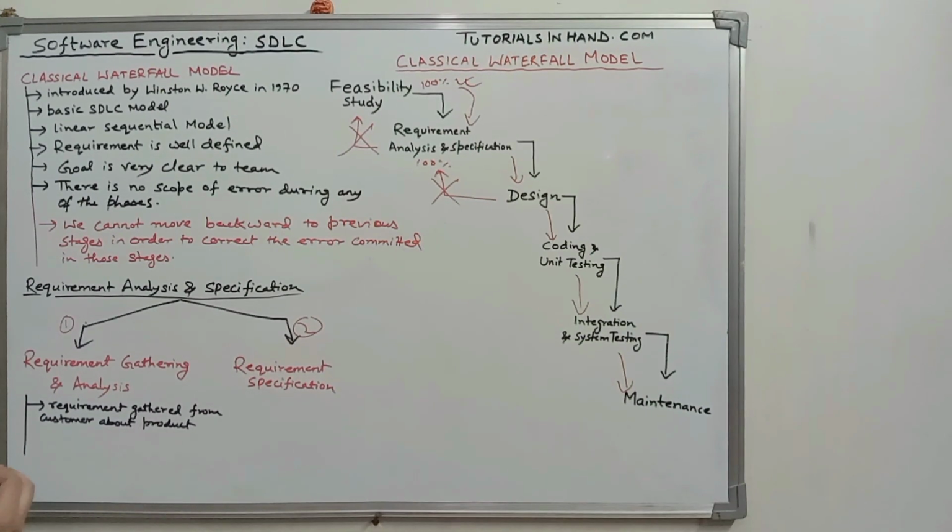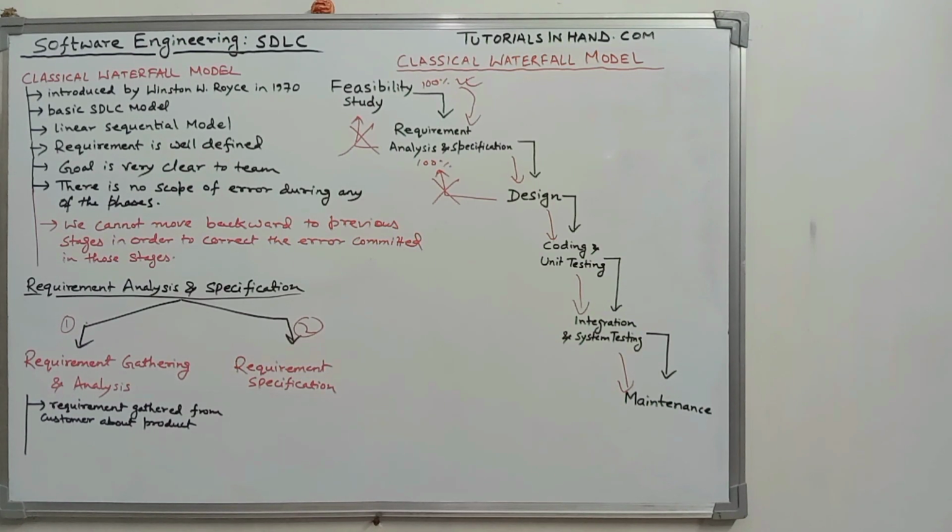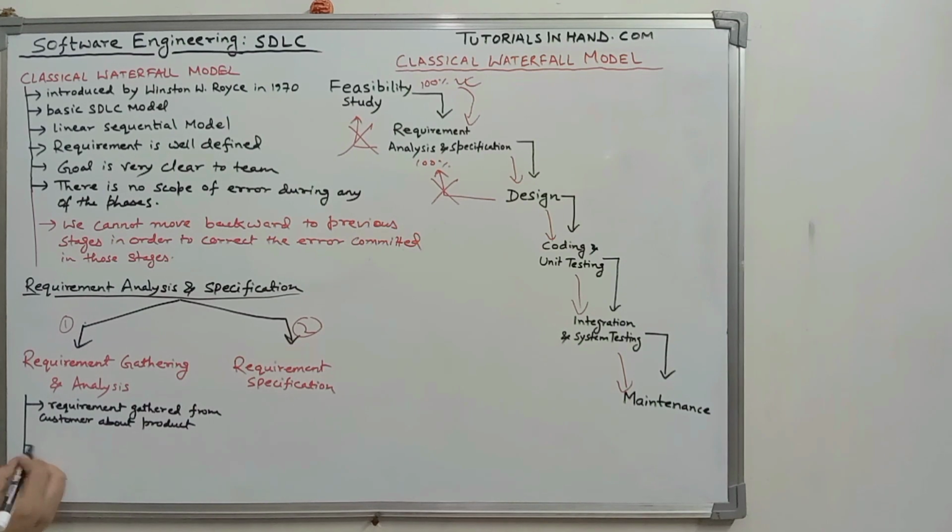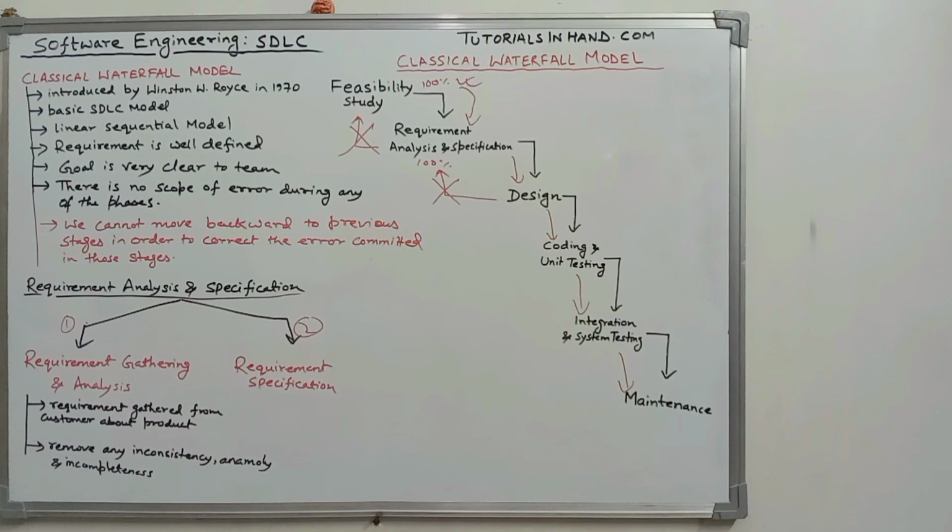Once every angle is talked about and everything is clearly understood, we try to remove any inconsistency, anomaly, and incompleteness. So during the requirement gathering and analysis phase, everything is clearly understood about the product.